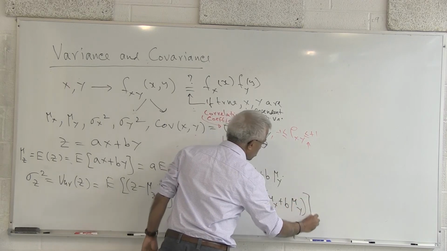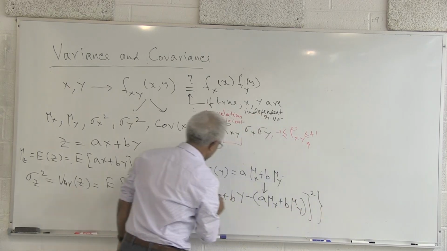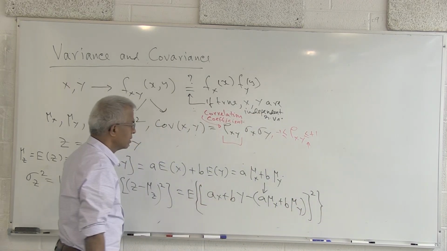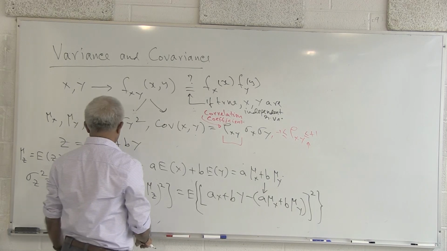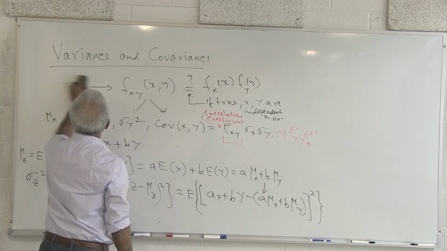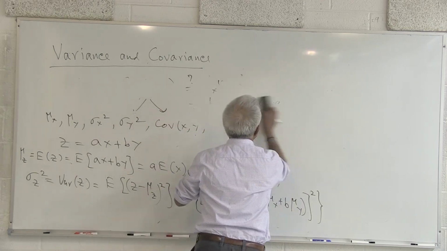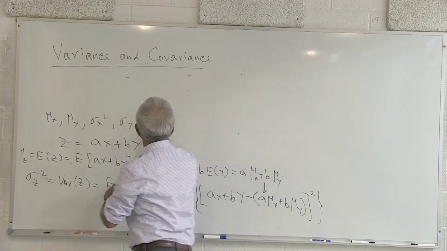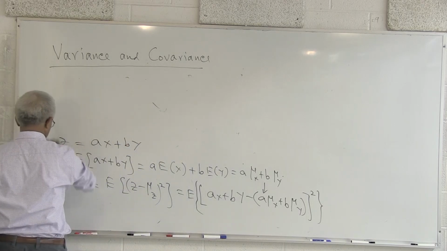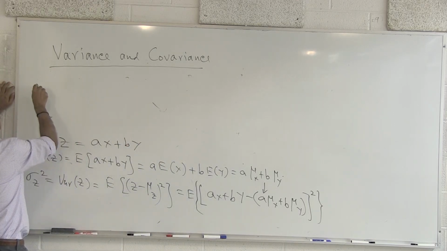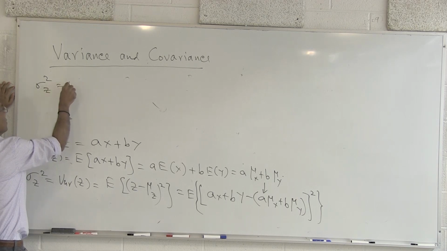And I need to square it, and take the expected value of the square. So we have sigma z squared.